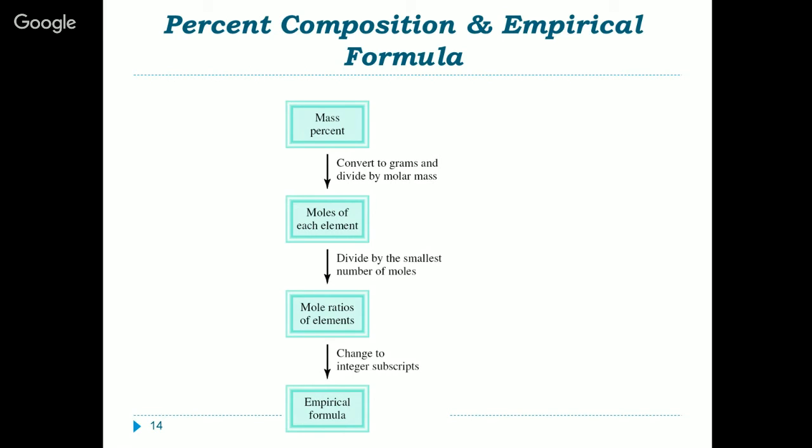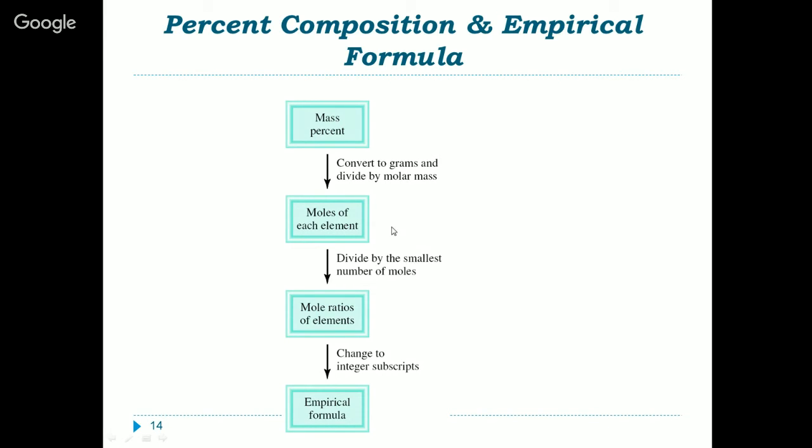So we take our mass percents, and we're going to assume that we have 100 grams. This is the easiest way to do this calculation, because if you have 50% of something, and I'm saying I have 100 grams, that means I have 50 grams. 25% would be 25 grams. 37% would be 37 grams.